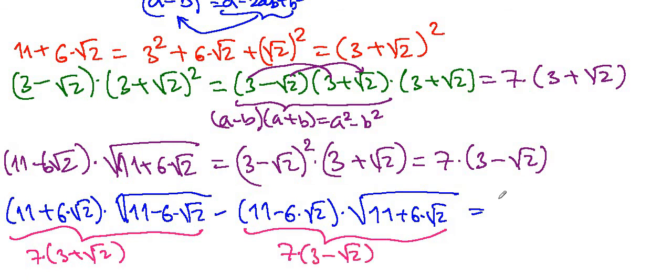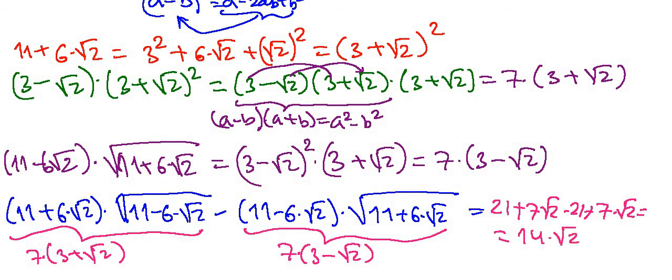So therefore you will get 21 plus 7 times square root of 2 minus 21 plus 7 times square root of 2, and this one is equal to 14 times square root of 2. So our numerator is equal to 14 times square root of 2.